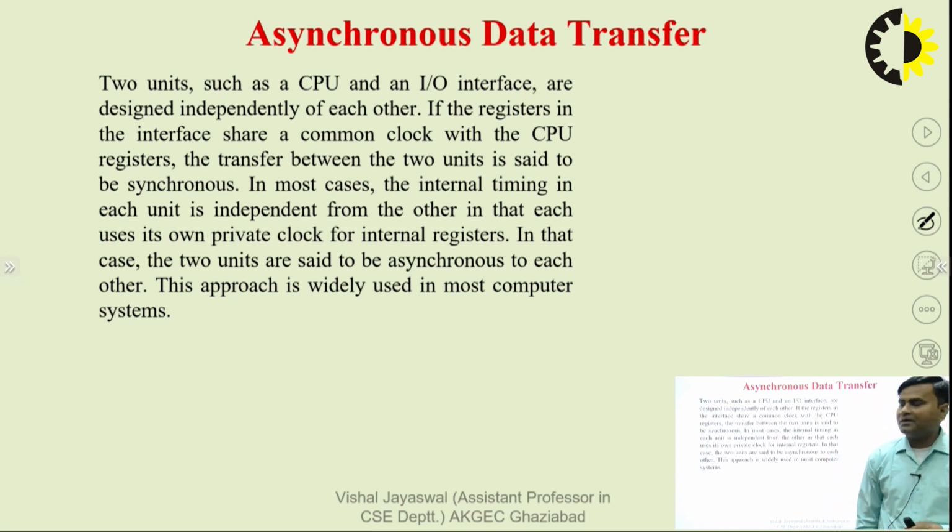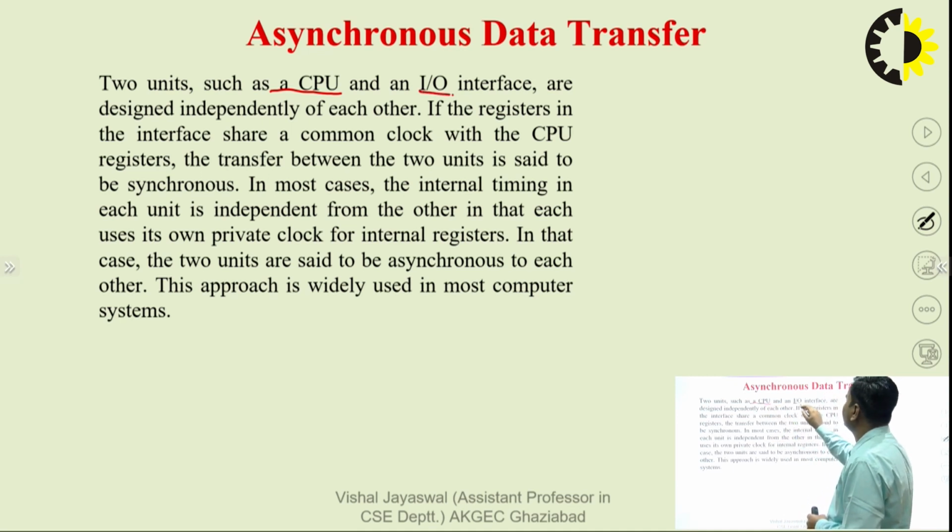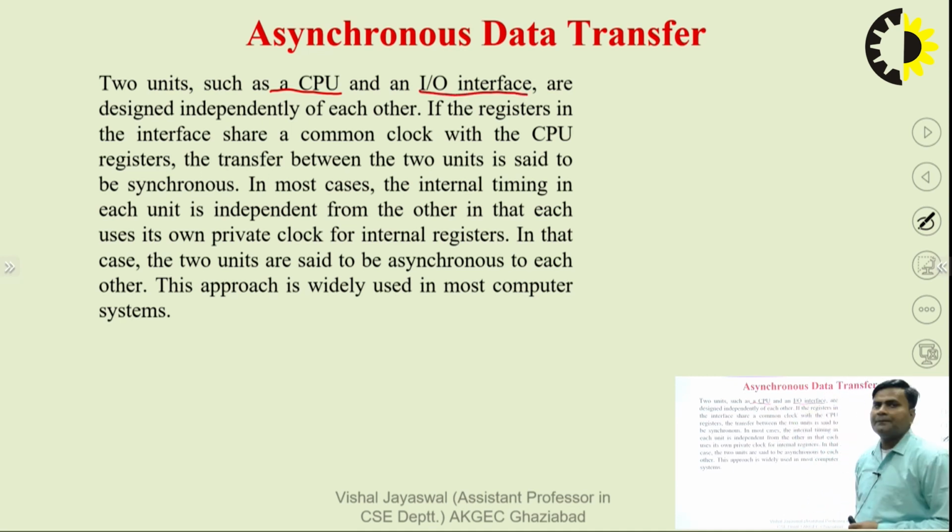Here we can say that if two units, such as the CPU and the I/O interface, are designed independently of each other, and the registers in the interface share a common clock with the CPU register, the transfer between the two units is said to be synchronous.